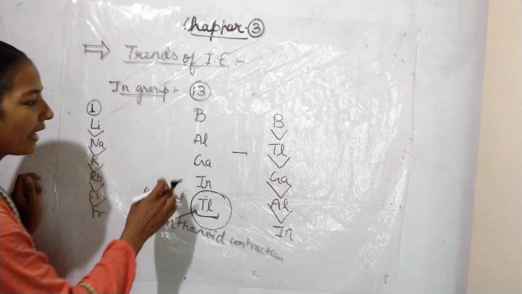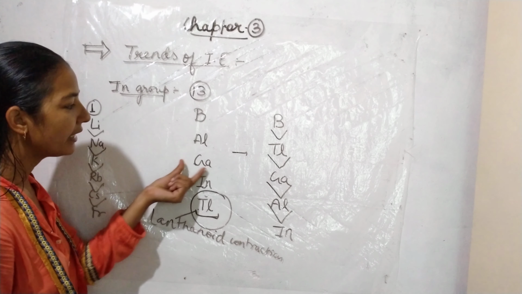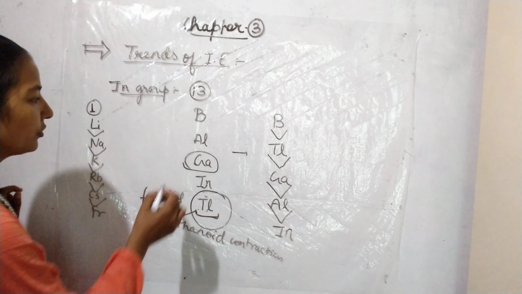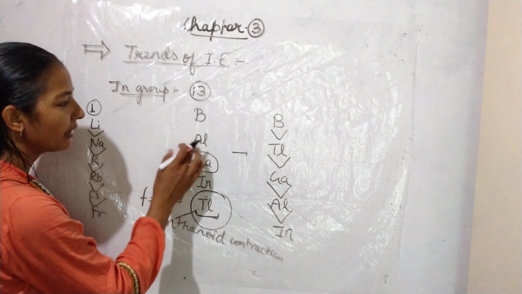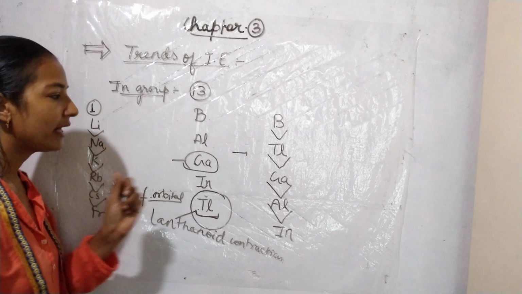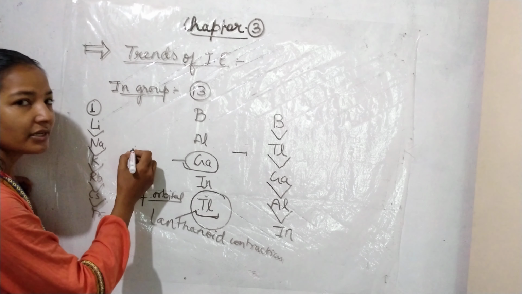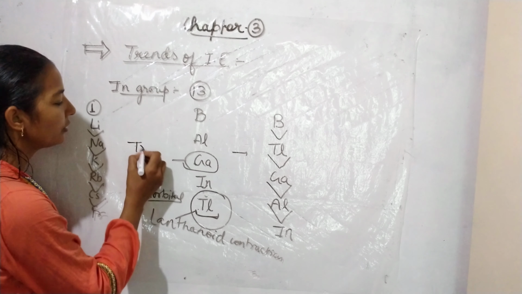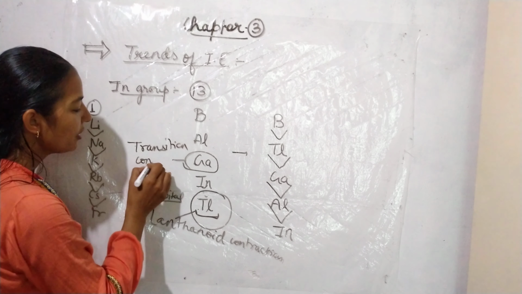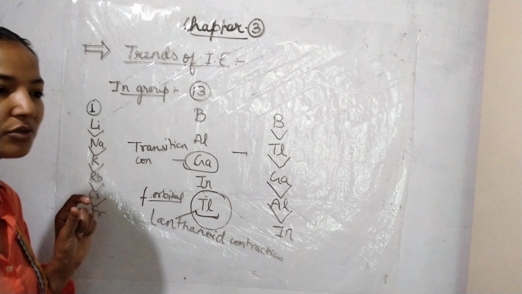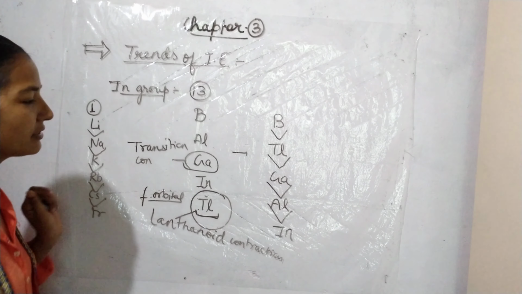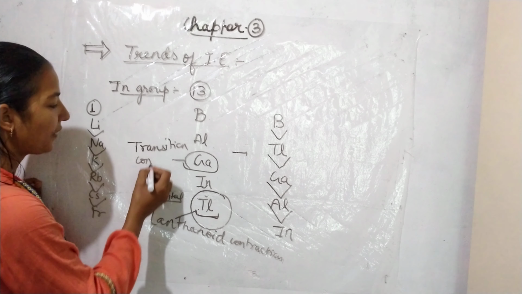And let's discuss gallium. Why does gallium also have a lesser size? Aluminium has a larger size as compared to gallium. Why? Because gallium has d orbitals, and due to the transition contraction, the presence of d orbitals also shows a lesser screening effect. That's why Z effective will increase.